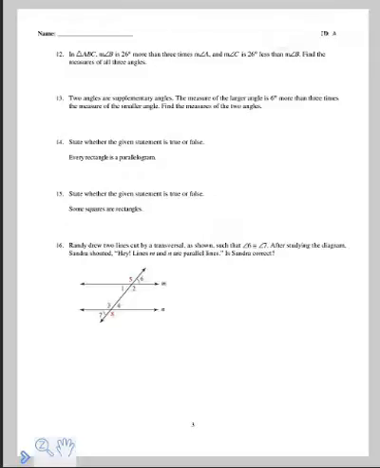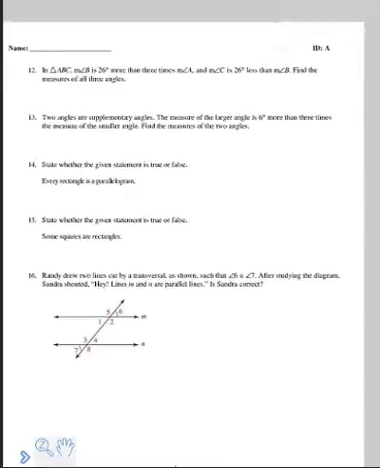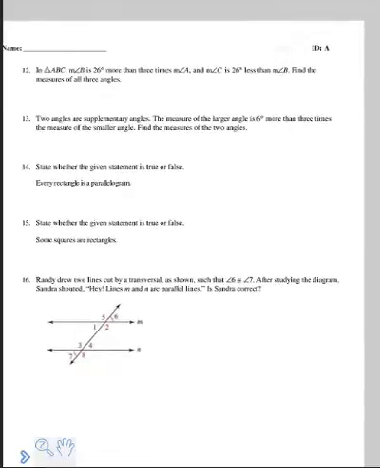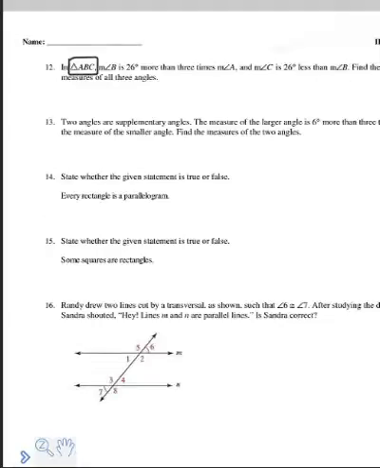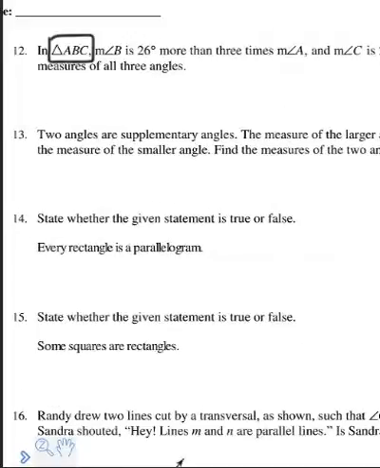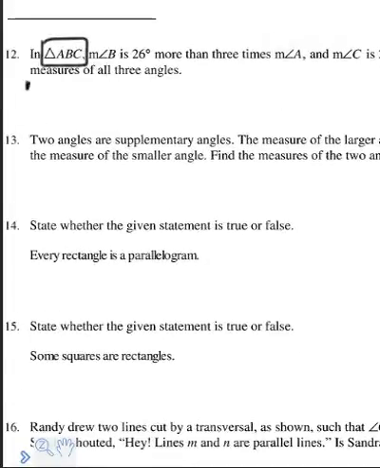Okay, question 12. First thing to note is that we're talking about a triangle, and in a triangle the sum of the measures of three angles is 180. So that would be the first thing to realize: measure of angle A plus measure of angle B plus measure of angle C is equal to 180 degrees.